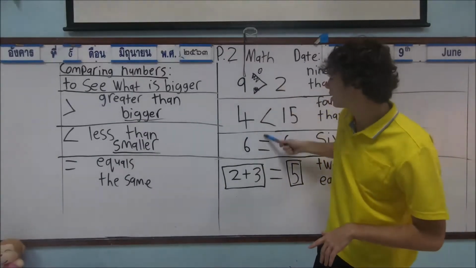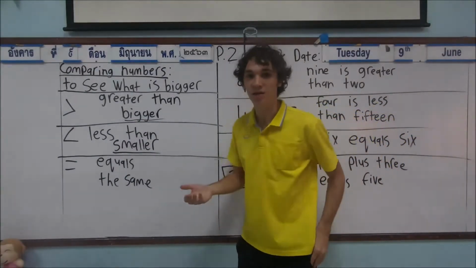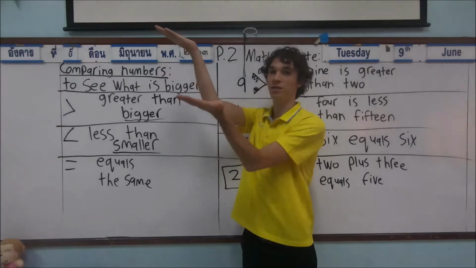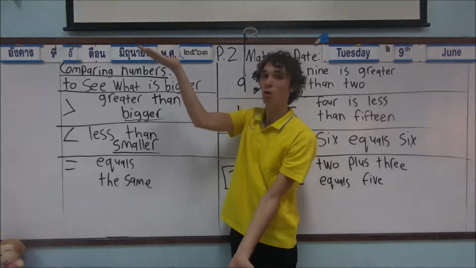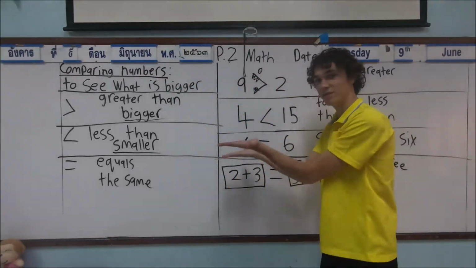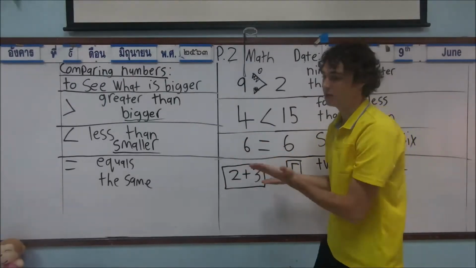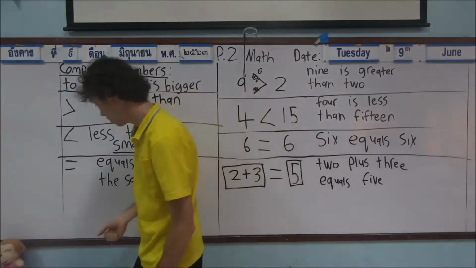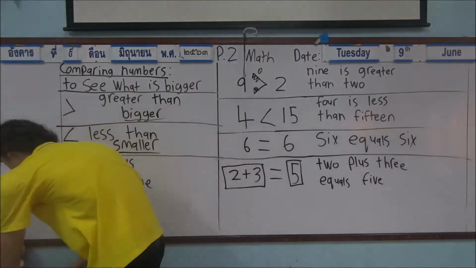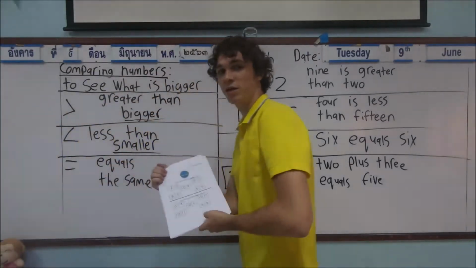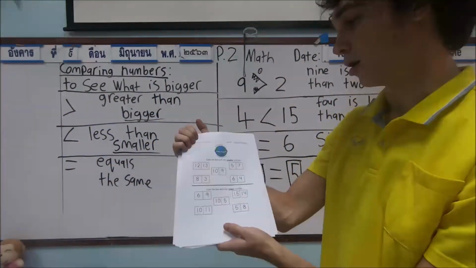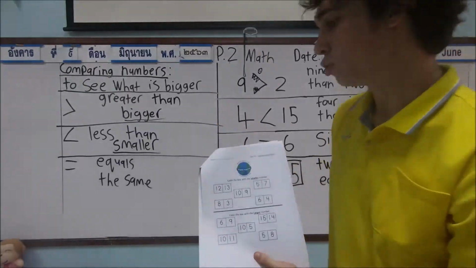So we use this to show, is it bigger, is it smaller, or is it the same, right? We can show that. So, let's first take out this paper for June 9th.